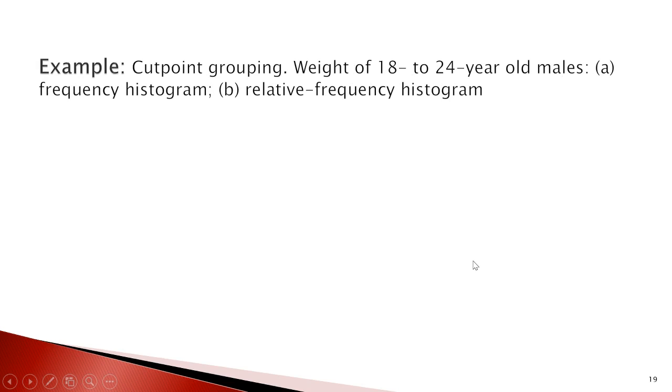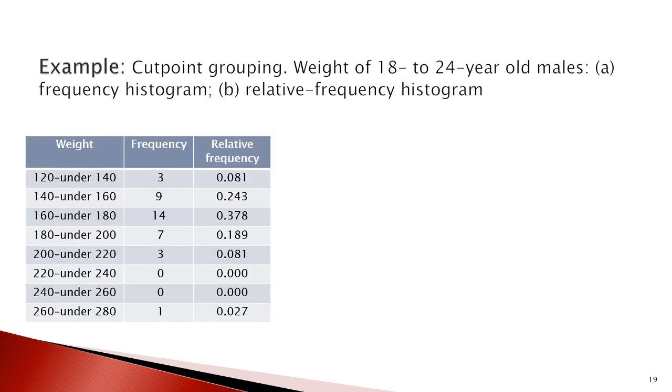The third example is the example that we used for cutpoint grouping: the weight of 18 to 24-year-old males. There are 37 males, as you remember. This is the table that we obtained for the cutpoint grouping example. We already calculated the frequency and the relative frequency.